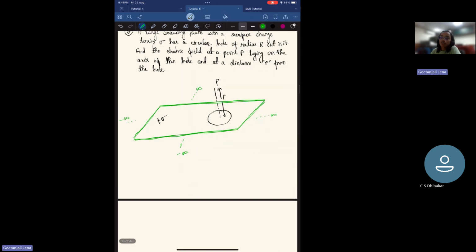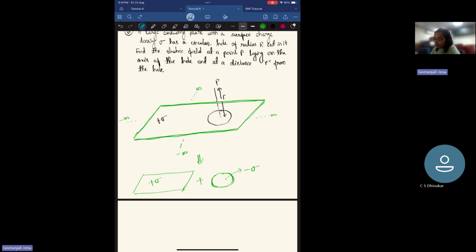To solve this, what can you use? You can make this plate by taking a large conducting plate of charge density sigma, which is charged all over, so there is no circular hole here, plus a circular plate of charge density minus sigma.